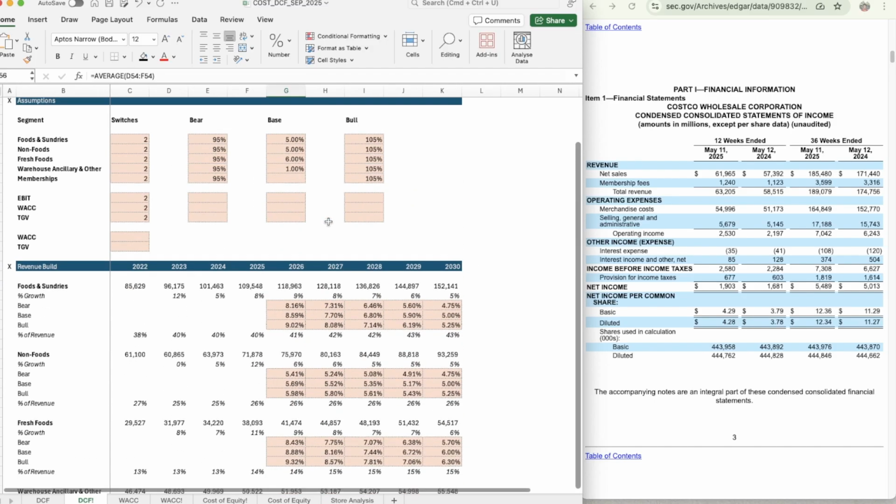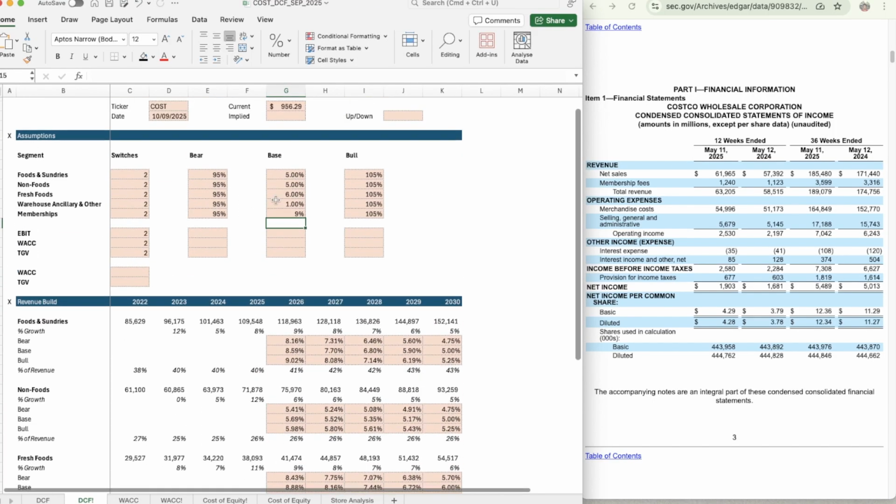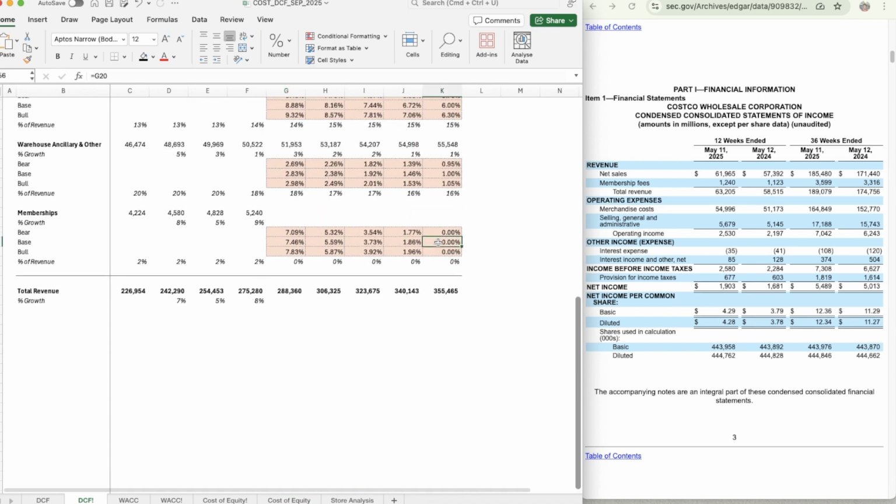Now the memberships. I think we keep a higher growth rate on this. Let's put it to 9%. G14. Because Costco still has a lot of room to grow in terms of expanding internationally.